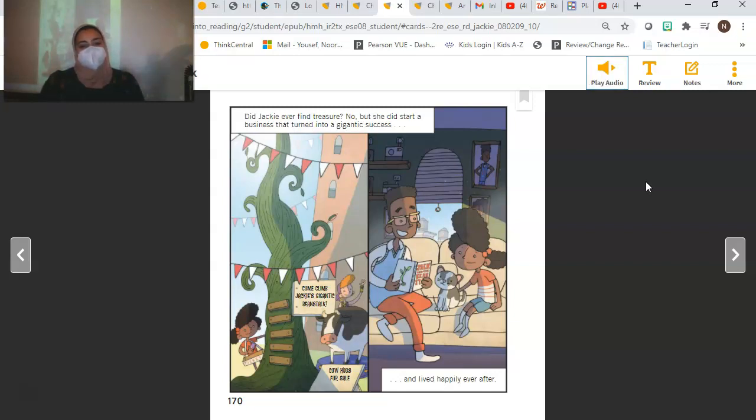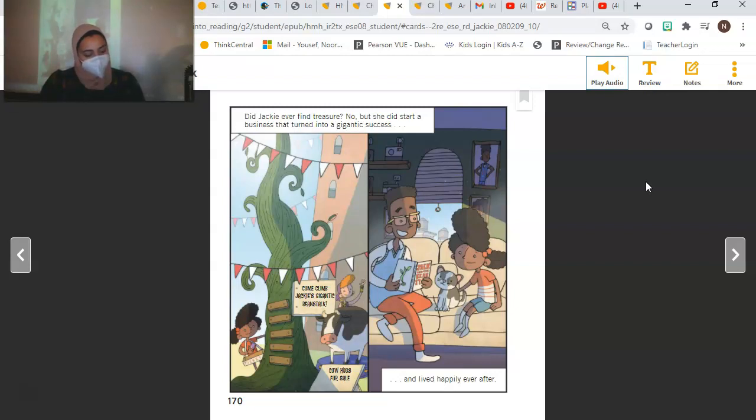So, what's the business that she starts? Maybe a climbing business or some kind of adventure museum that they can go up there and see what's up there. So people can buy tickets and climb the beanstalk and take pictures with the cow. Why does everyone, not just Jackie, live happily ever after?